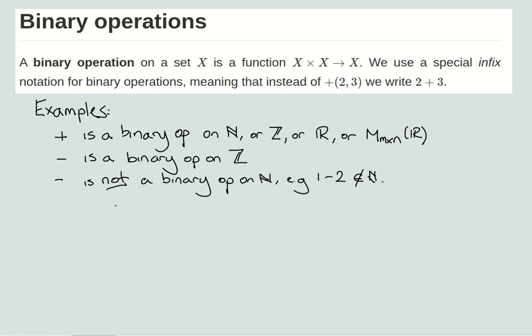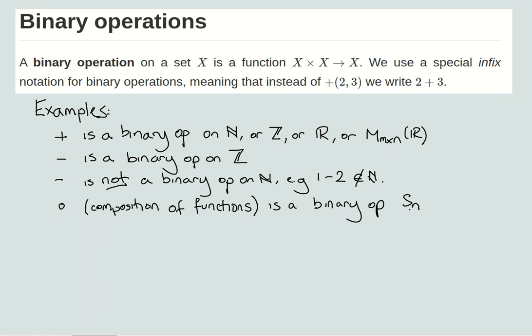Okay, a more interesting example of a binary operation is composition of functions. This little circle is supposed to be composition of functions. This is a binary operation on the set Sn.